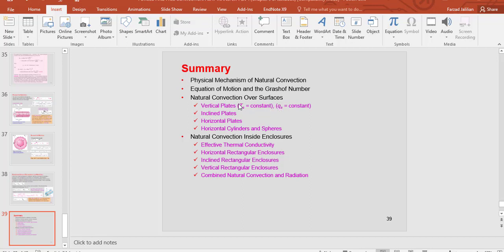Natural convection over surfaces we had for different geometries and orientations, and natural convection inside enclosures we calculated for different enclosures, the rectangular enclosures and also concentric cylinders and spheres. And we also introduced how to find the rate of heat transfer when we have combined natural convection and radiation.